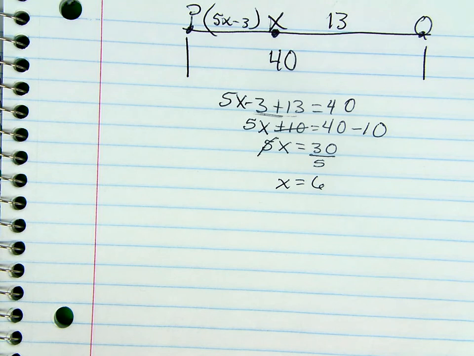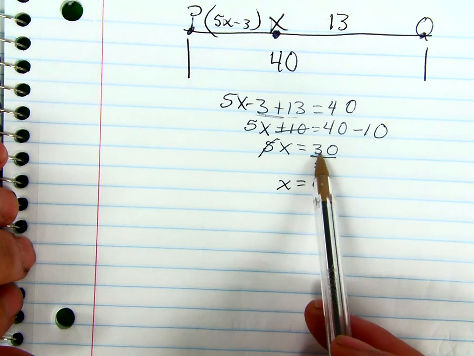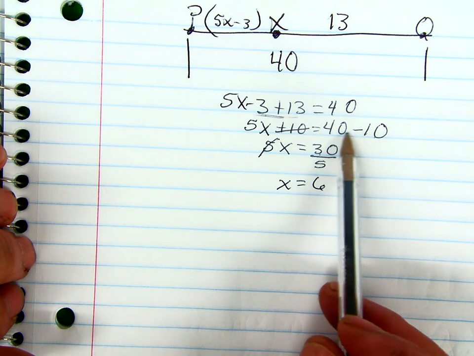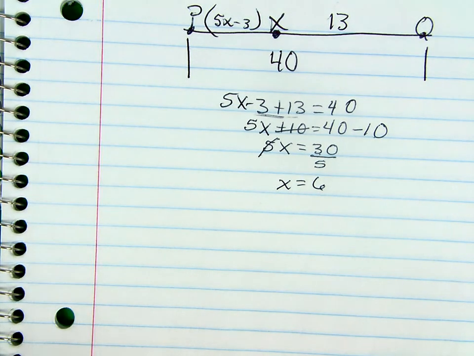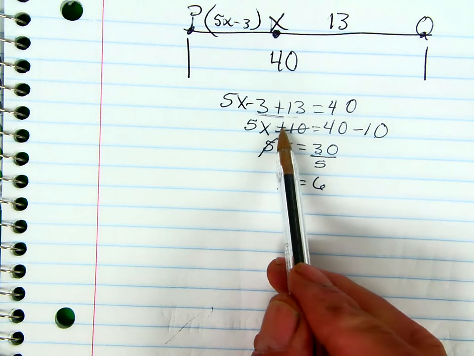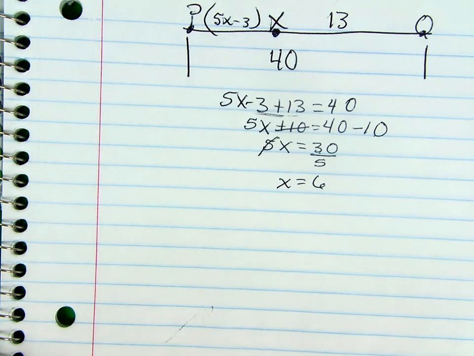What did I do wrong? If you got x equals 10, then you added the 10 here. 40 plus 10 equals 50. Yeah, and 50 divided by 5 is 10. I just want to know about the minus 10. Because on this side it's plus 10, so I marked it out. Okay. So on the other side it would be minus 10.